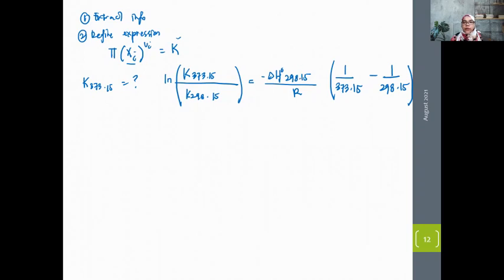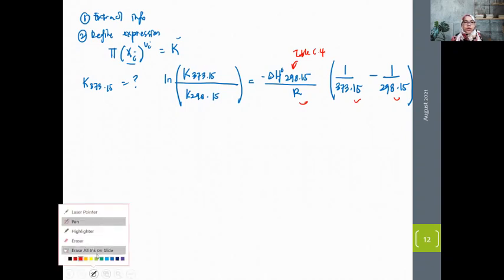So we can obtain this from table C4, and then this is also done. How about the equilibrium constant? We have two unknown values, the equilibrium constant at both temperatures.